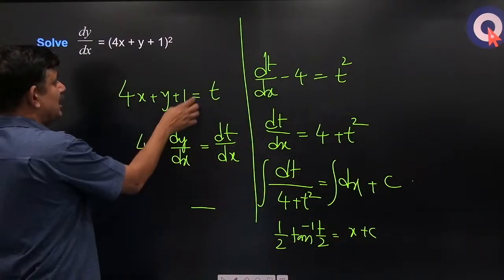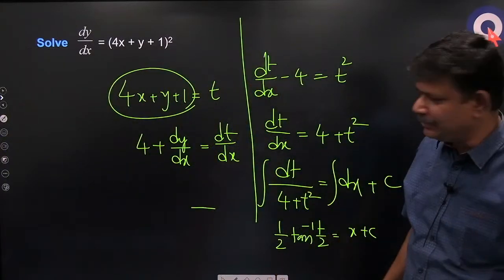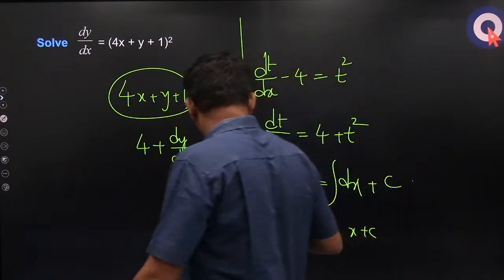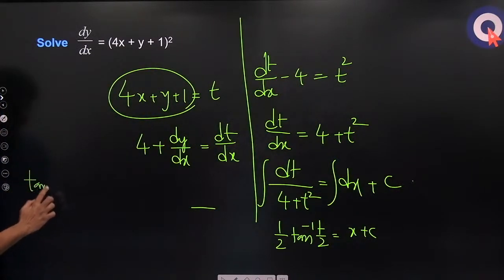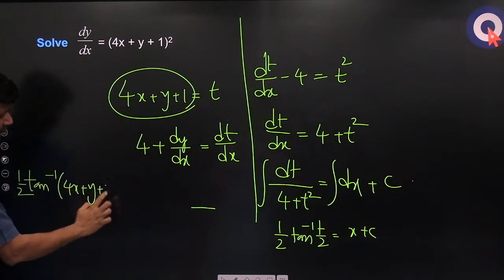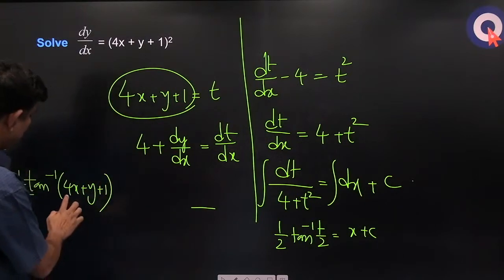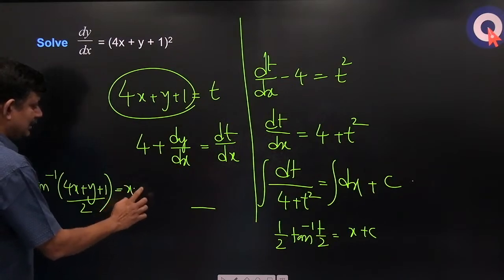t किसी को भी नहीं पता है, हमने अज्यूम किया है, हमारे सिवा किसी को नहीं पता है, सीक्रेट. तो इसको लेके जाके वापस रख दो उधर. तो व्हाट विल बी योर आंसर? 1 by 2 tan inverse of (4x plus y plus 1) by 2 is equal to x plus c.